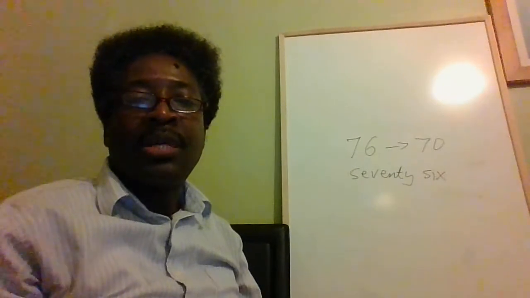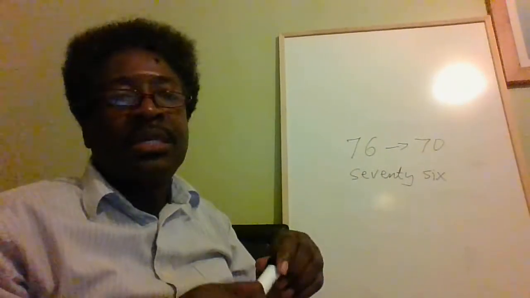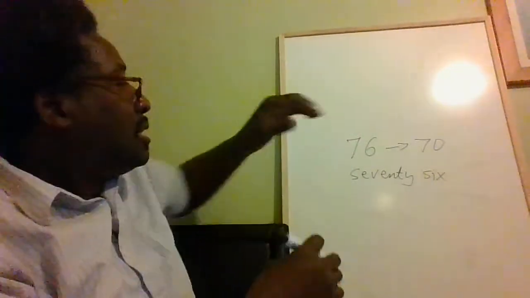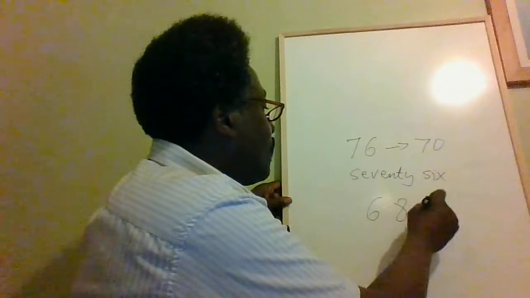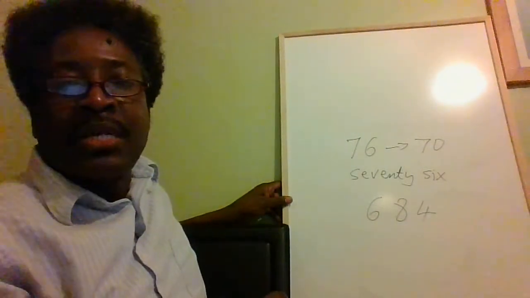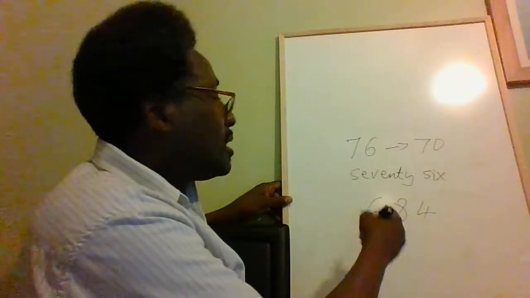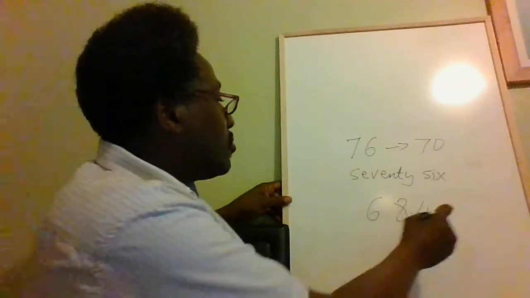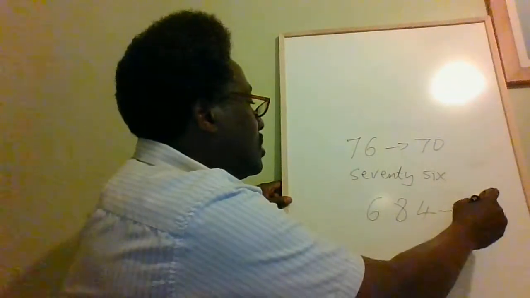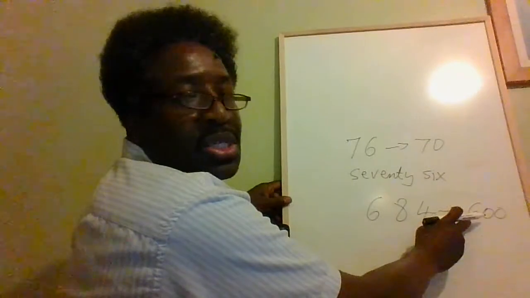And we talked about writing a three-digit number in words. For instance, let's take a random three-digit number. Let's say 684. We want to write that number in words. We said a quick way to figure it out is to make the last two digits 0, so that you only have one digit that is non-zero.